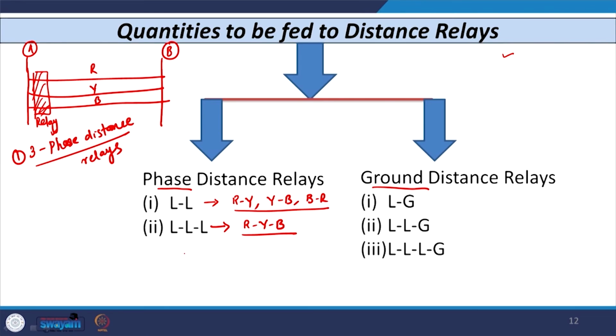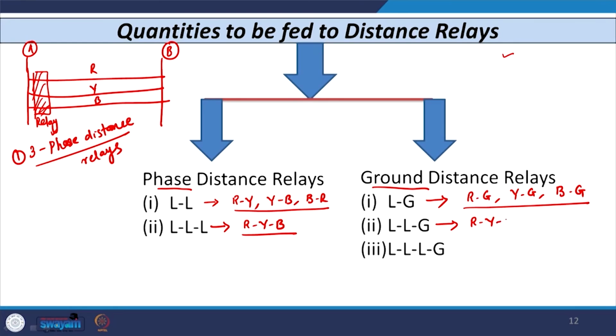Similarly, the ground distance relay is capable to take care of LG fault. So, it can be R to ground, Y to ground or B to ground. Any type of line to ground fault occurs, then the ground distance relay detects and takes care of this and further gives signal to the breaker. It is also capable to take care of double line to ground fault.